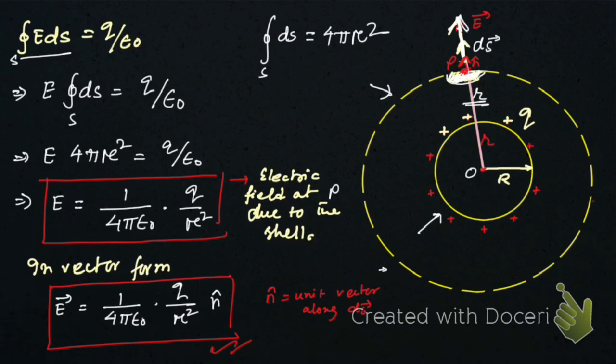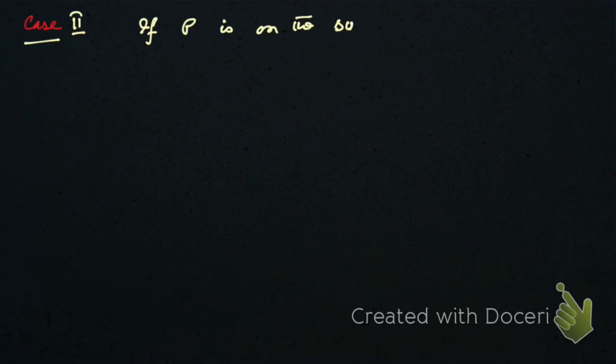Now let us consider this point P is on the surface of this cell, not outside the cell. That means in this case, case 2, if P is on the surface of the cell, small r is equal to capital R. Let me draw the diagram here.